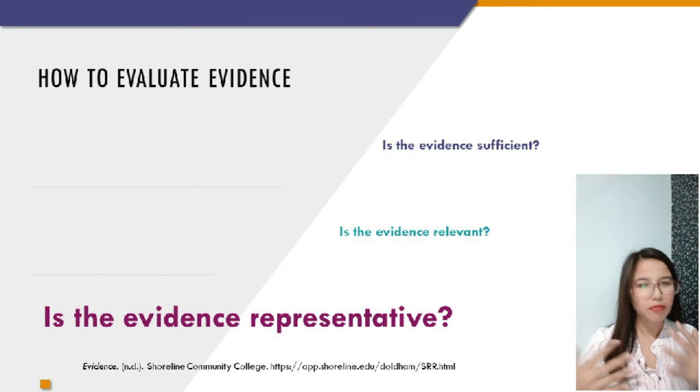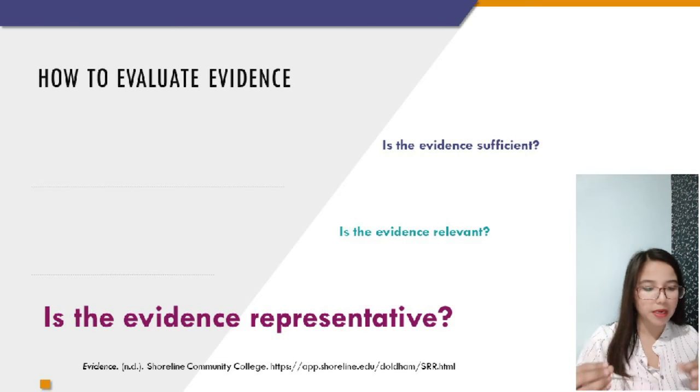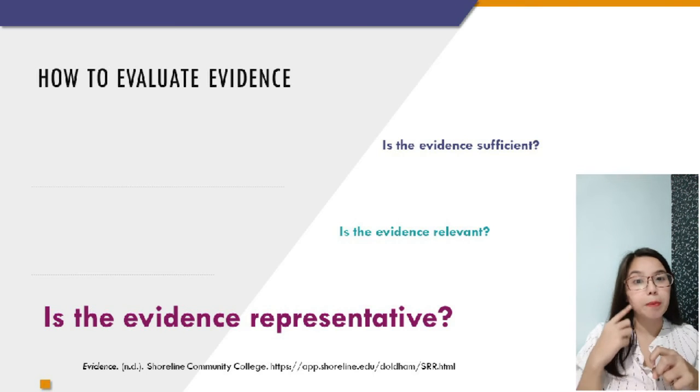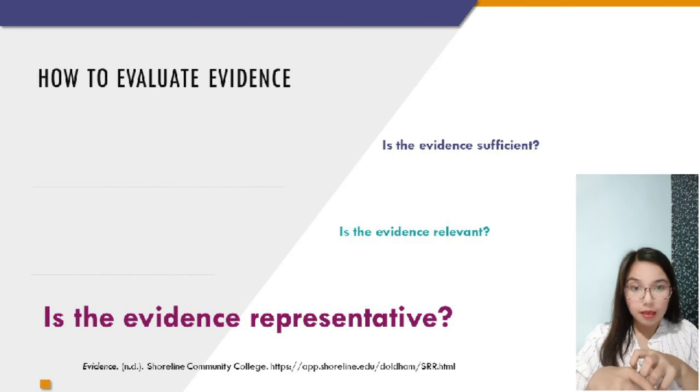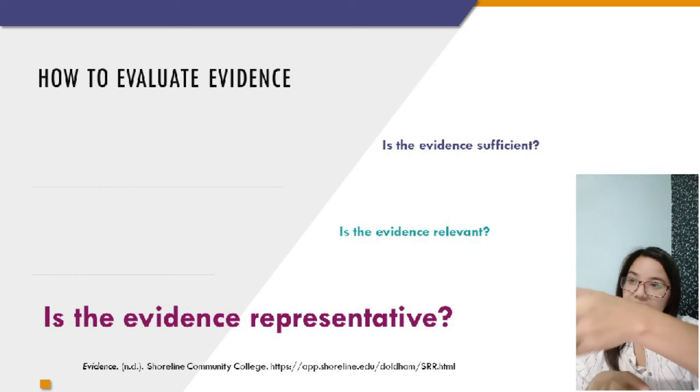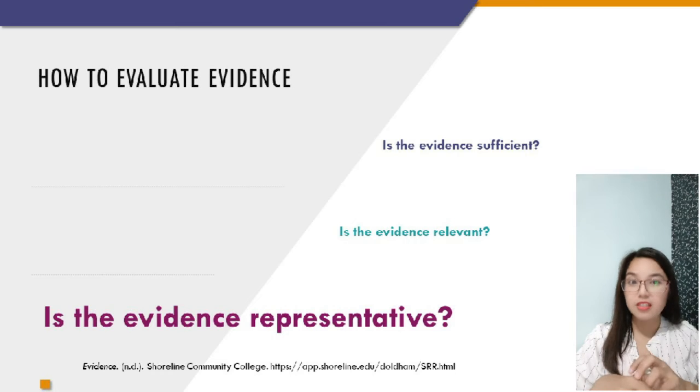Many writers fall into this trap because they want to prove their own biases. They already have their own views, their own opinion about something, and then they cherry pick. What do we mean by cherry picking? You select facts that will prove your opinion. And if one fact or one evidence will not support your opinion, you do not include that, and you get only the evidences that will support your claims. That's cherry picking.